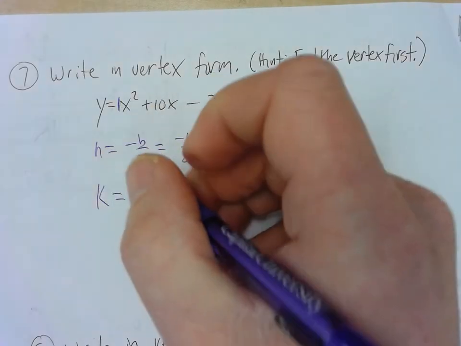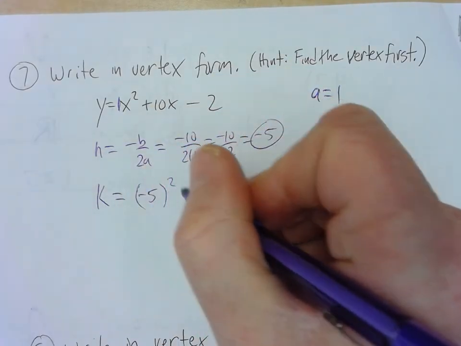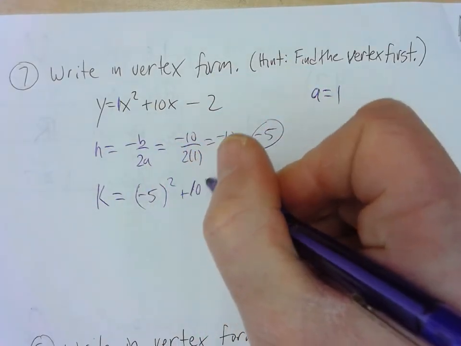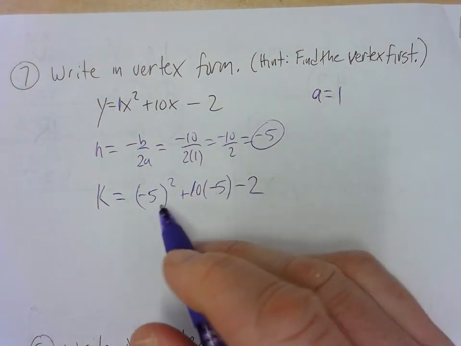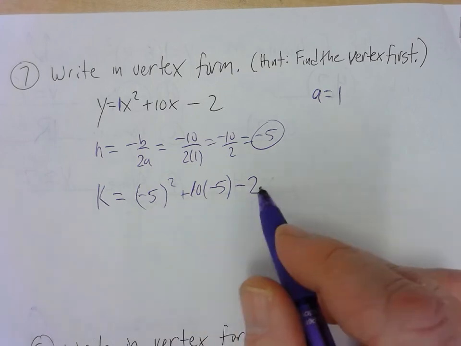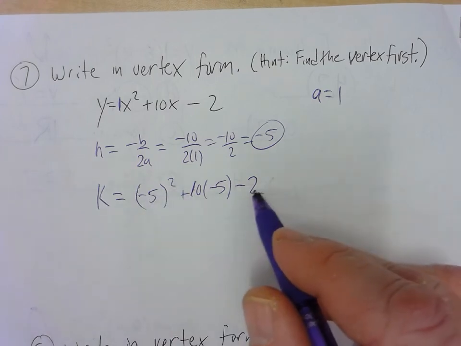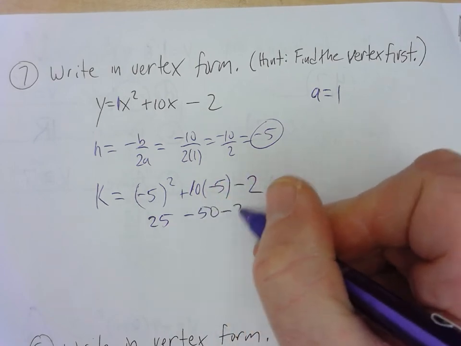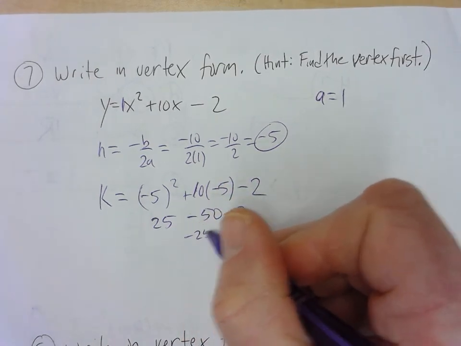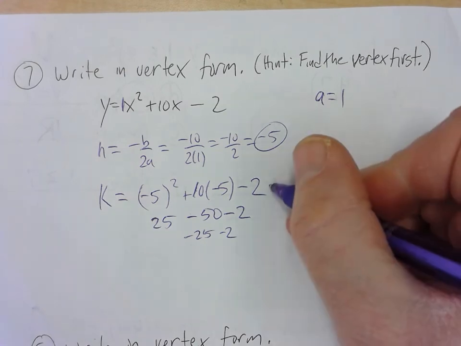Put the negative 5 back in. And then we've got to figure this out. Type in the calculator. Make sure you use the parentheses if you do. This would be 25 minus 50 minus 2. So it would be negative 25 minus 2 is negative 27. So k is negative 27.